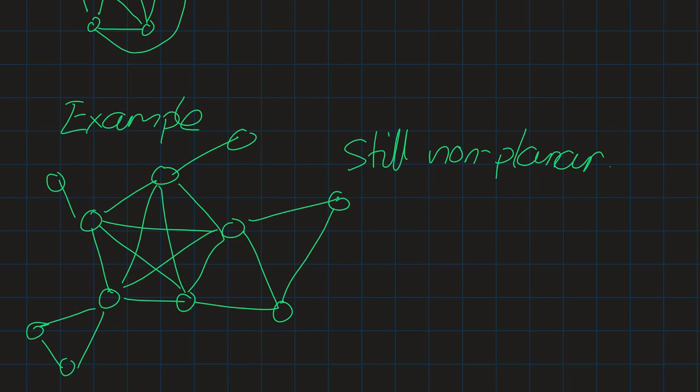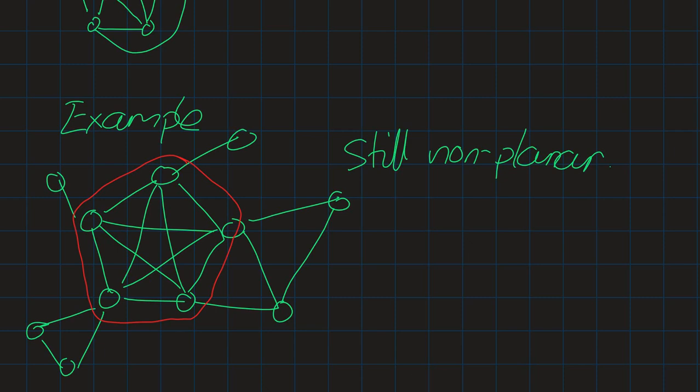Okay, it's non-planar because this bit here is non-planar, and by adding extra stuff I can't simplify the graph, right? By adding extra edges and vertices, like, at worst you make it more difficult to be planar, but you can't make it more likely to be planar.